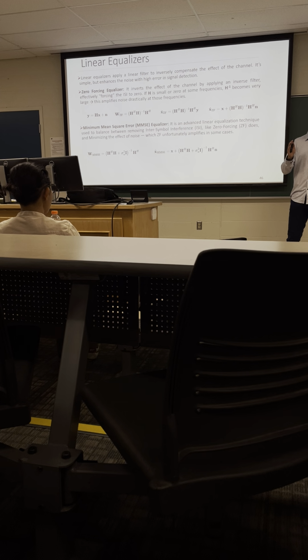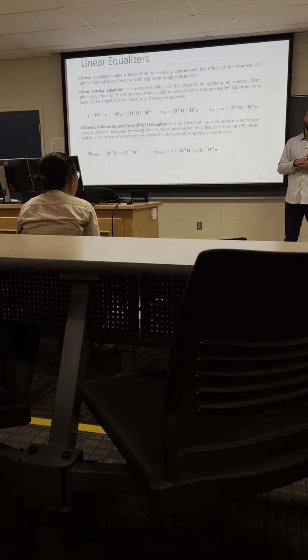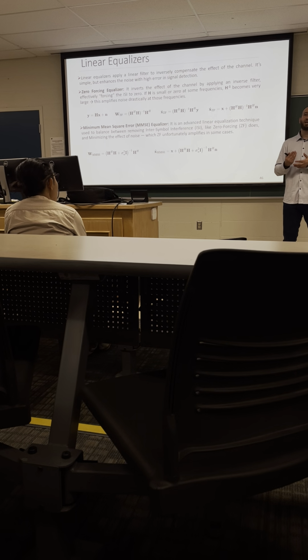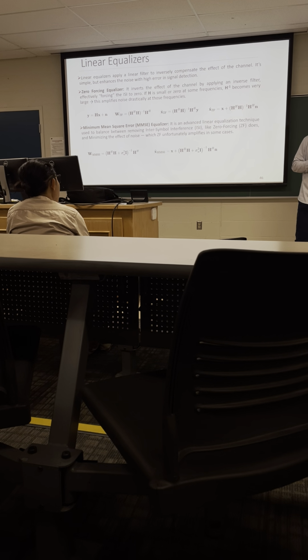But if you have a rectangular form like 4 by 3, the channel matrix is not square. In this case, how can you find the inverse of it? You find what is called a pseudo inverse.